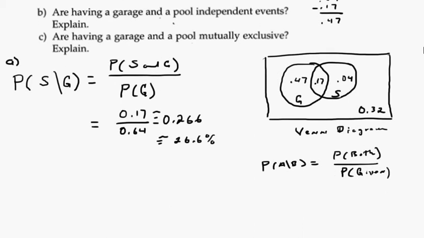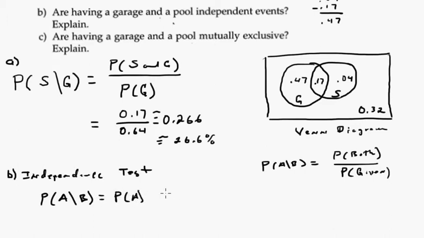Well, we have a test now for independence. We can ask, does the probability of A given B equal the probability of A? If yes, they're independent. If no, then they're not independent.